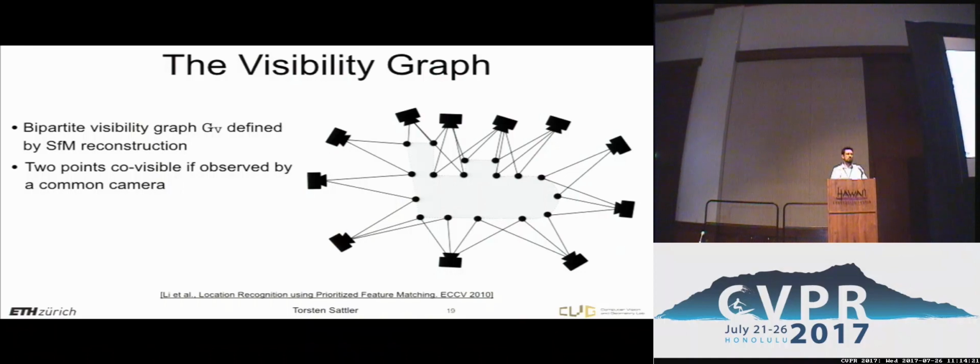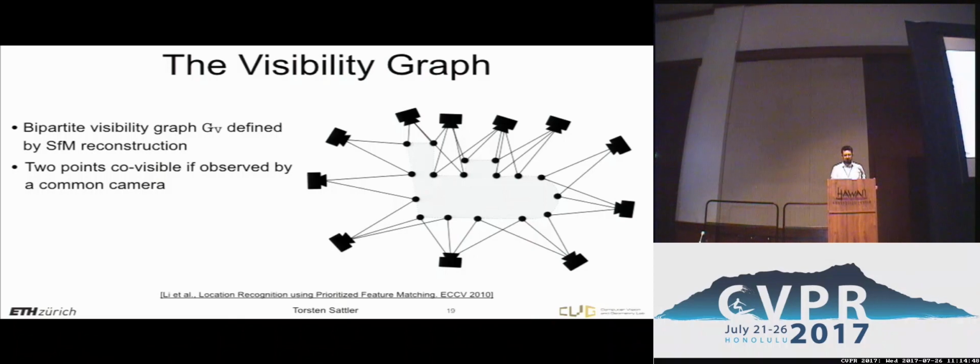This structure allows you to reason about co-visibility of points. Two 3D points are potentially co-visible if there's one camera observing them together. So this is essentially a discrete approximation to the co-visibility relation between points, discrete in the sense that you only have a discrete set of viewpoints.